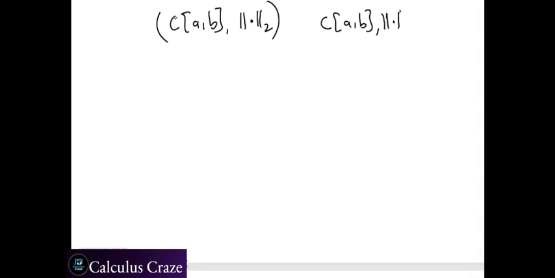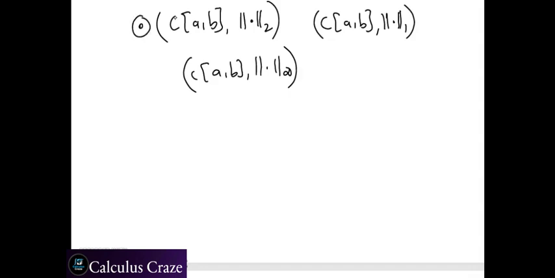We have seen that continuous functions on [a,b] had the two norm. We have seen C[a,b] with the one norm, right? And we have seen C[a,b] with the infinity norm, right? So you can also define the metric on this.